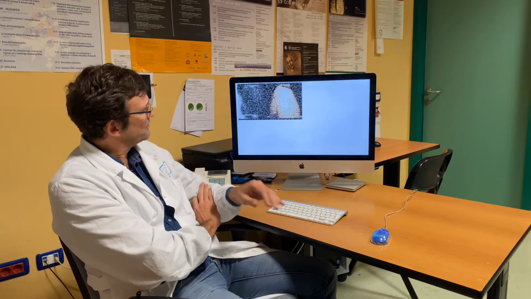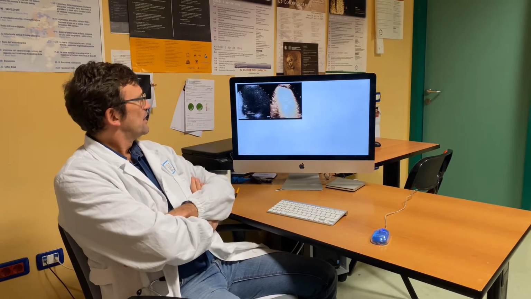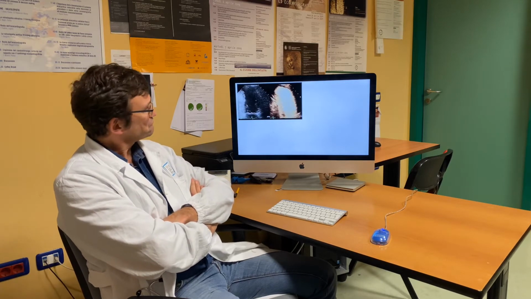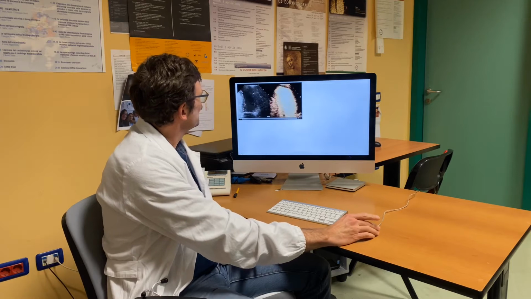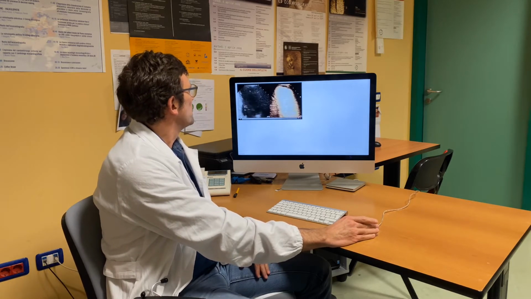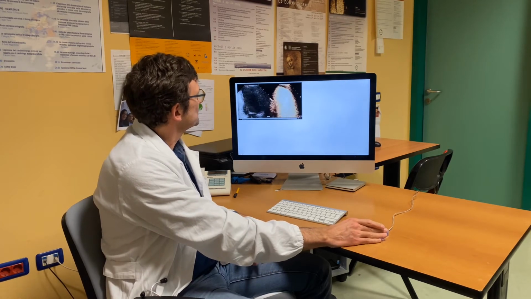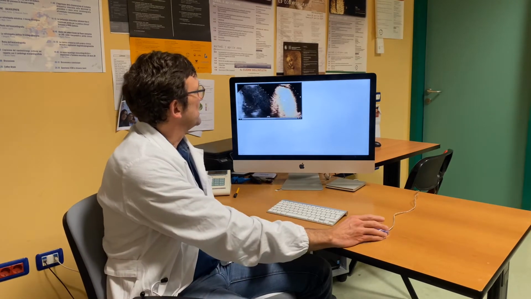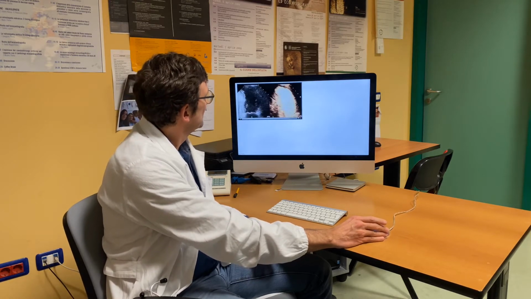The first example I prepared for you is as easy as it is. This is a two-chamber view, but you can see that probably you're not seeing the anterior distal segments sufficiently well, while just the use of contrast at rest highlights a perfusion defect and obviously a wall motion defect.